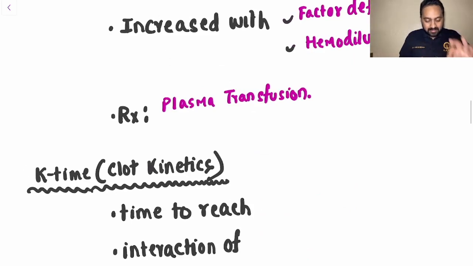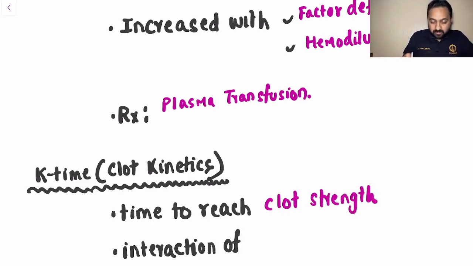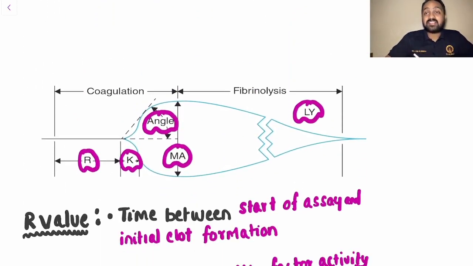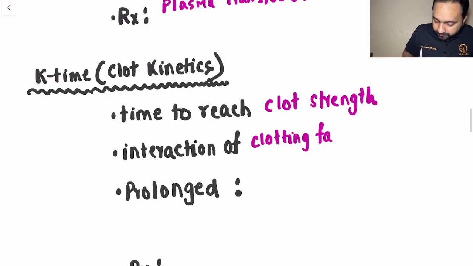Next is your K time, which is your clot kinetics. This is the time to reach clot strength. If we look at the diagram over here, this K is the time to reach the clot strength. This is the interaction between clotting factors and platelets.